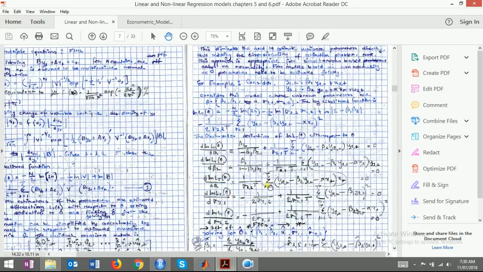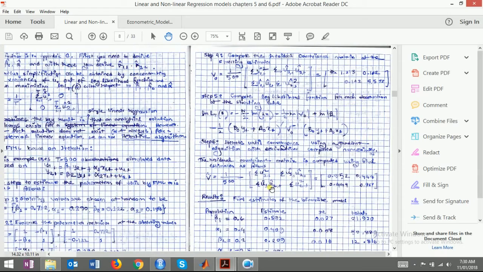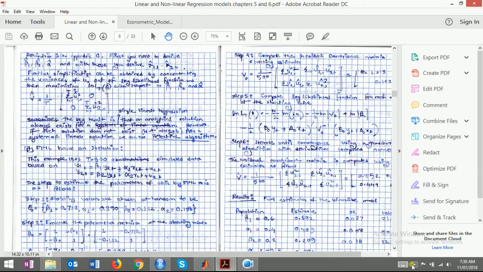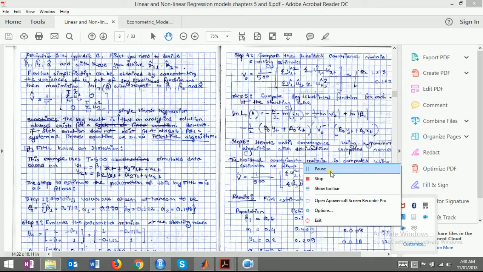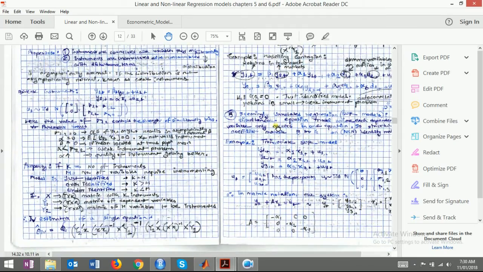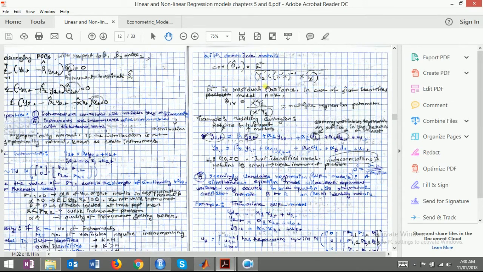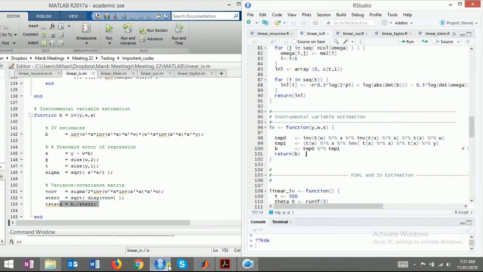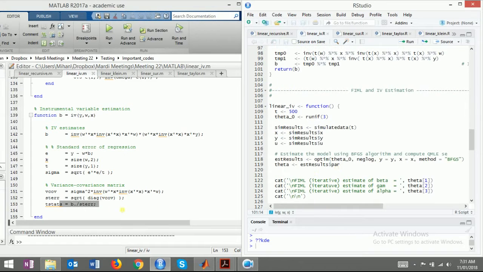This is the equation relevant to the instrumental variable, where this was the instrumental variable equation, and this is sigma square divided by the, in the numerator you have the, I think this is a mistake, it must be, no, this is correct, because we can simply multiply with the inverse. So here we have multiplied with the inverse to find the variance covariance matrix of the instrumental variable. That's fine. Now let's look into the equation itself.